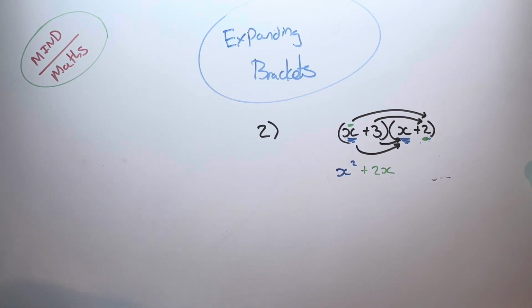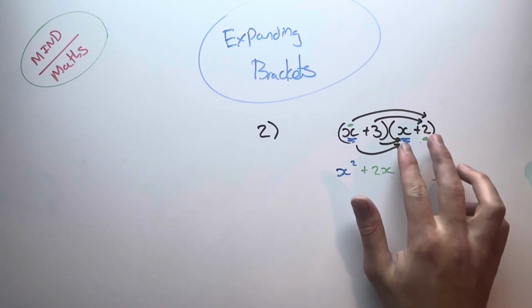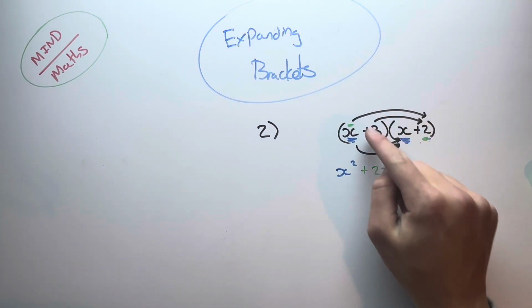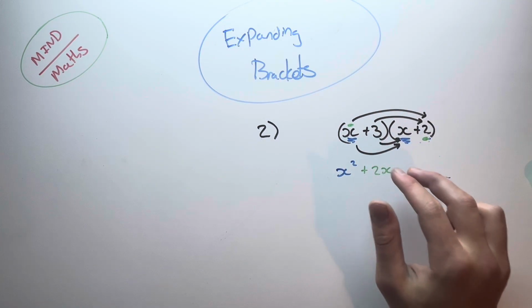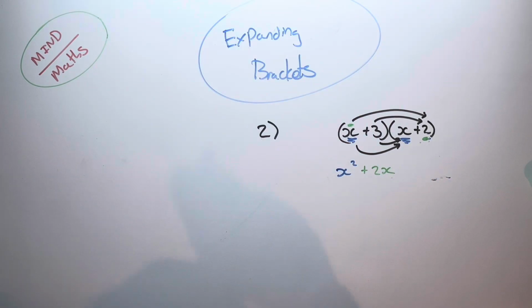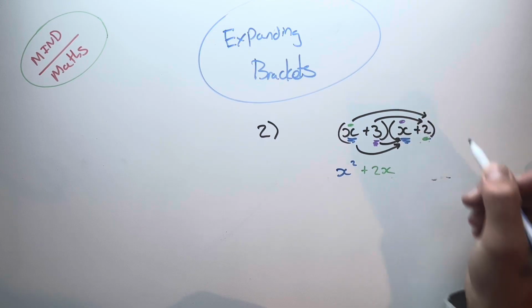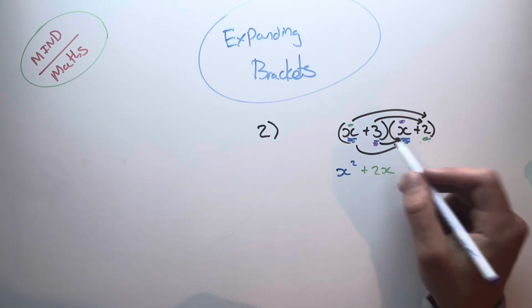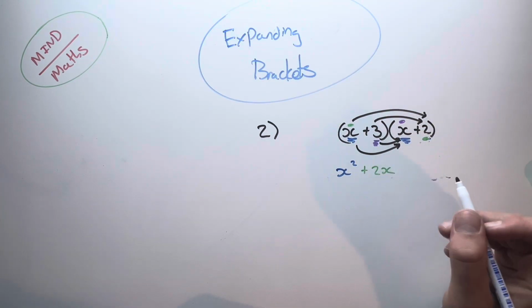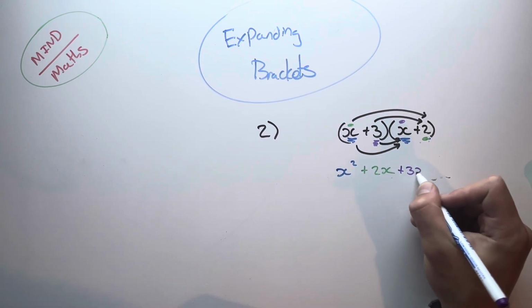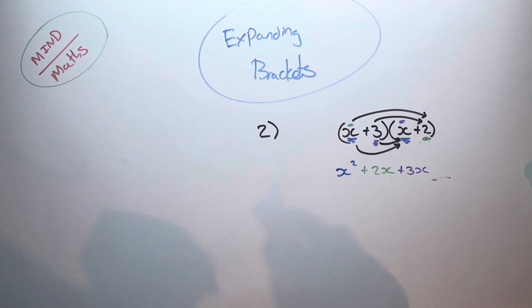Now once you've sorted out the first one, we just need to times the 3 by these 2. So if we have the 3, we'll times this first by the x. Positive 3 times x is just plus 3x. It is as simple as that.